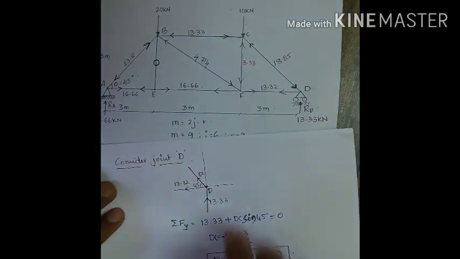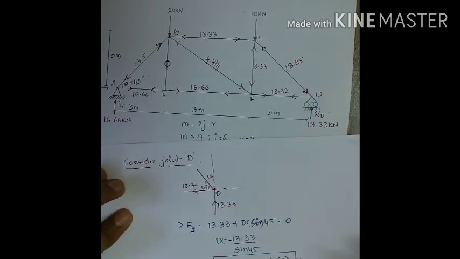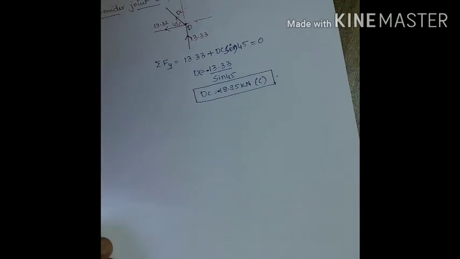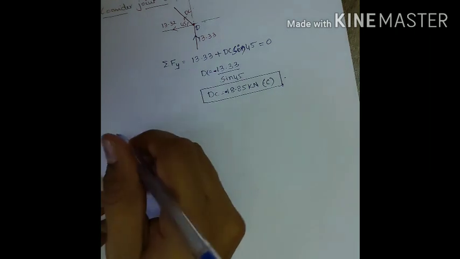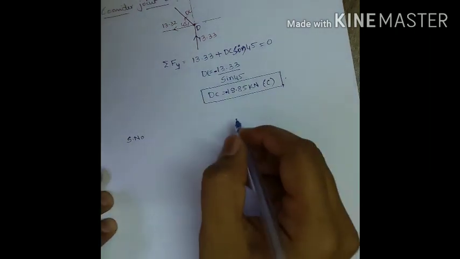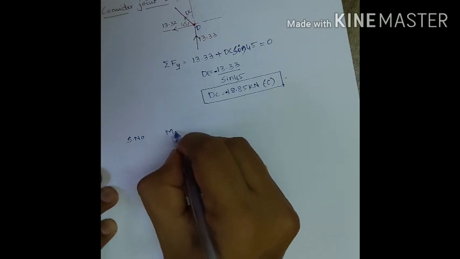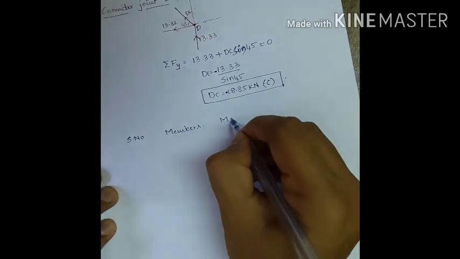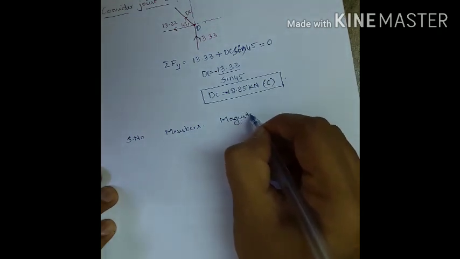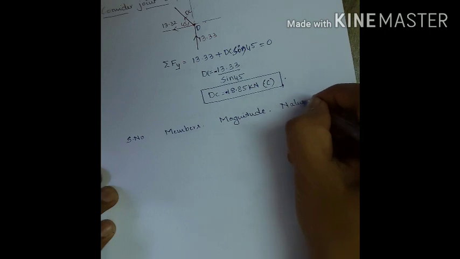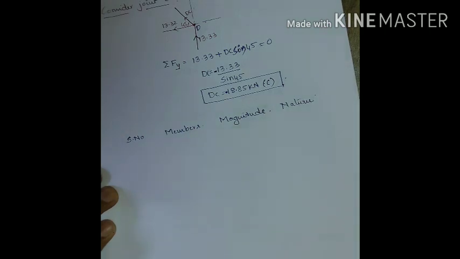So at last this figure has to be drawn, or instead we need to create a table in such a way that the serial number has to be put, the members, the magnitude of the forces, and the nature of the forces.